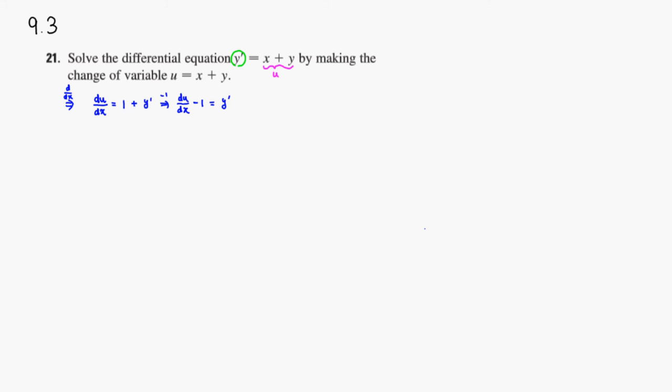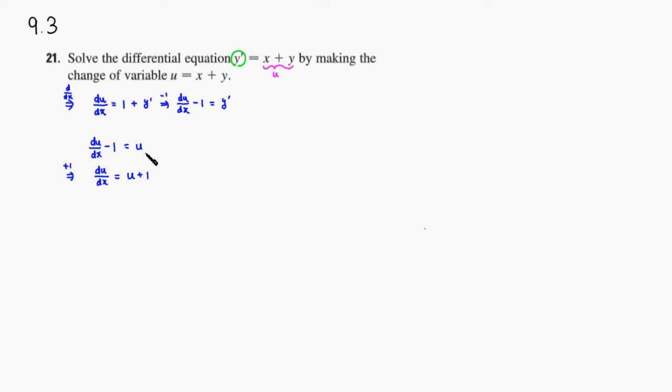So the equation becomes y prime, which is du over dx minus 1, is equal to u. Then we can add 1 to both sides. du over dx is equal to simply u plus 1.